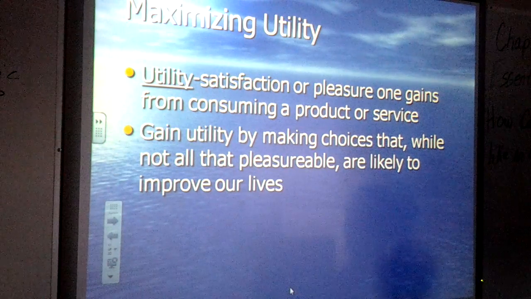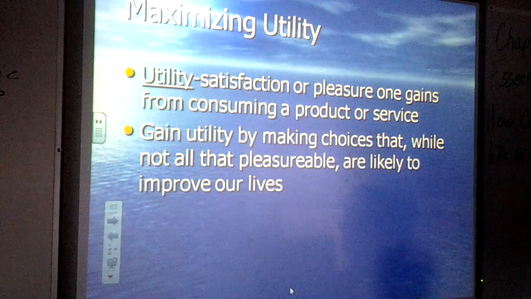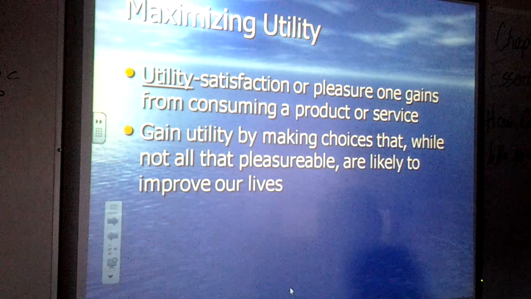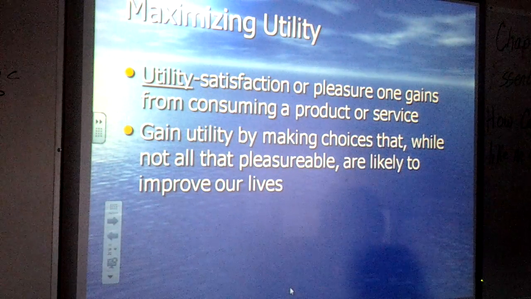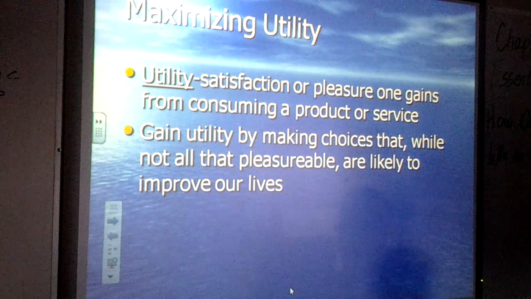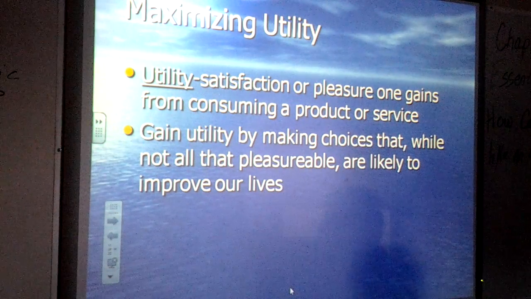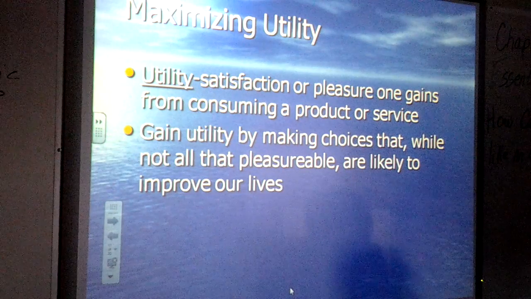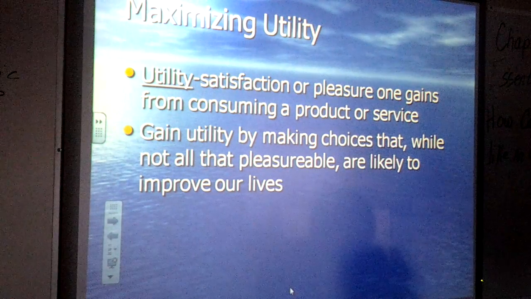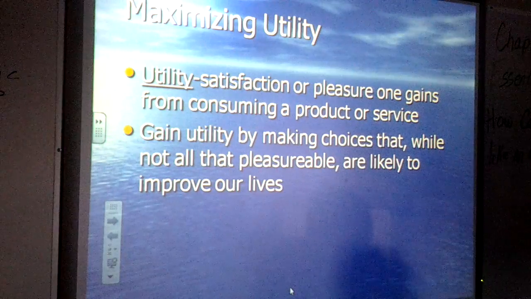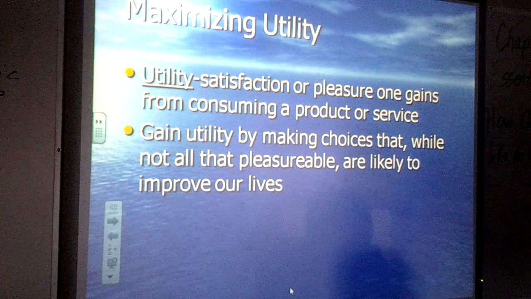So the way you gain utility is by making choices. Sometimes they're great, they make you happy. Sometimes they're hard choices, but will improve your lives. If you have a terrible toothache, obviously the choice to go to the dentist isn't probably anybody's first choice. But in the long run, it will make you happier once that toothache is gone.